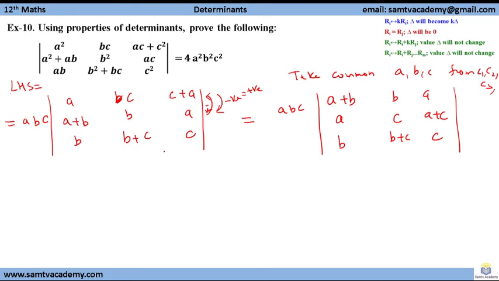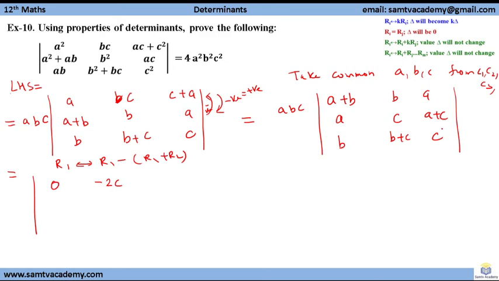Now, next step, I will replace R1 with R1 minus R1 plus R2. So first R1 minus R1 plus R2 becomes 0, and this is B plus 2C minus B, B gets cancelled out, and you are left with minus 2C.